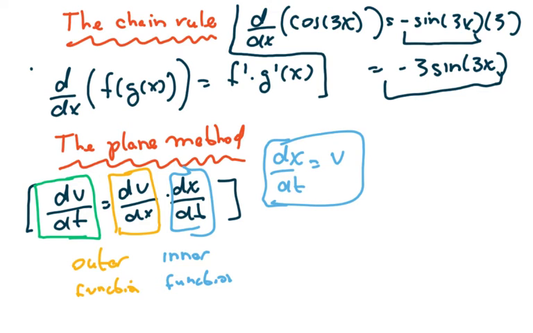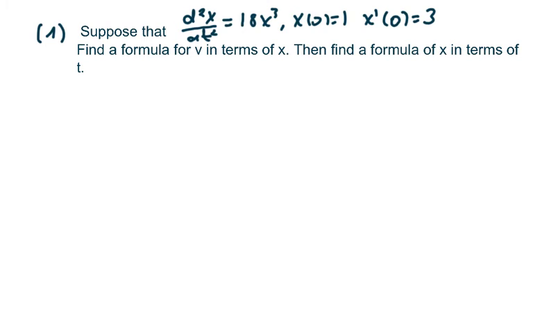So let's start off by working on a really simple and straightforward algebra-involved problem. Our first problem reads, suppose that the second derivative of x with respect to t is equal to 18x cubed.